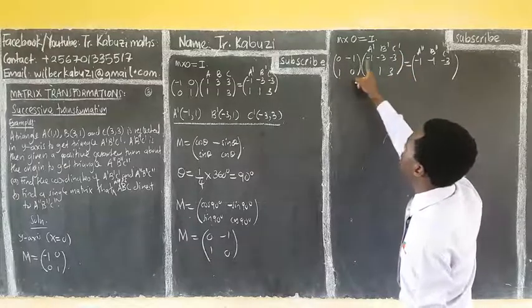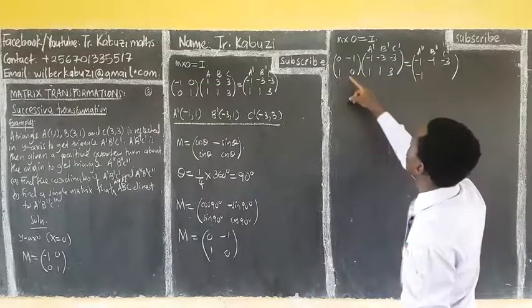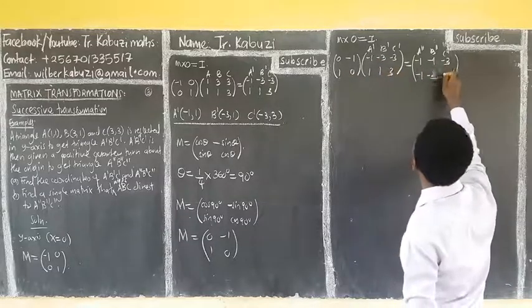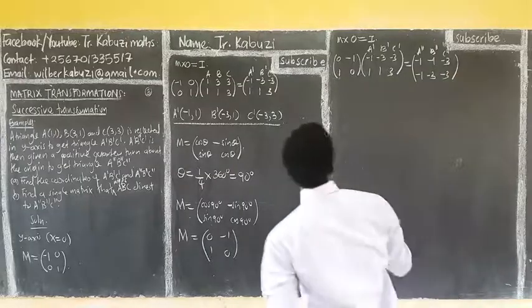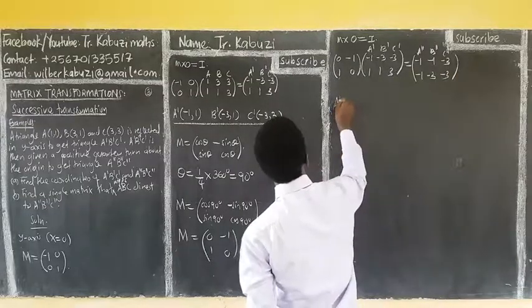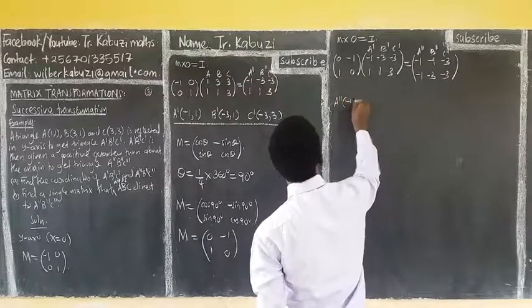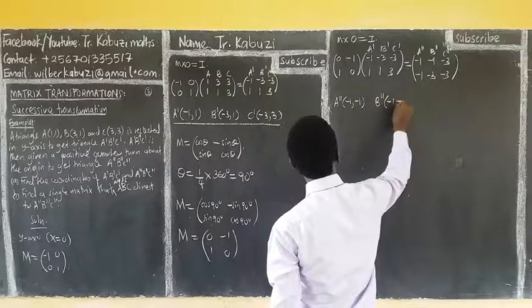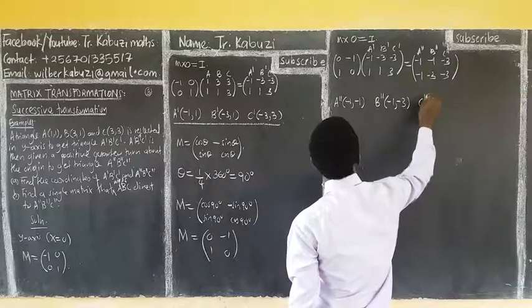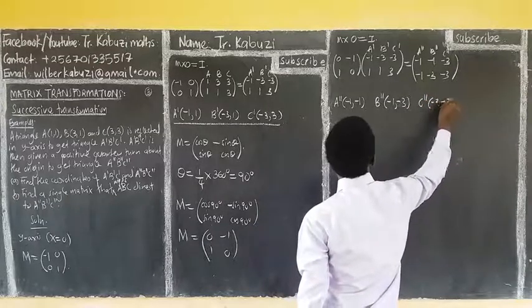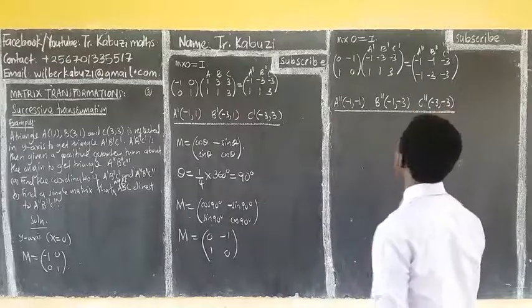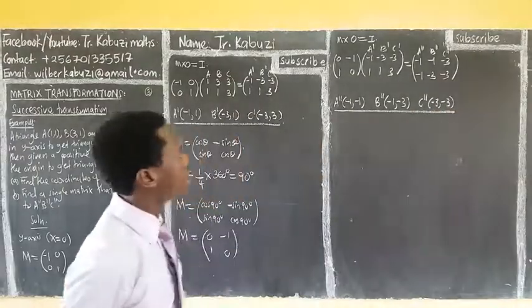So I just get this times this, negative 1; this times this, negative 3; and this times this, negative 3. So therefore, these are my coordinates for A double prime, then for B, then for C. These are my coordinates for that image.